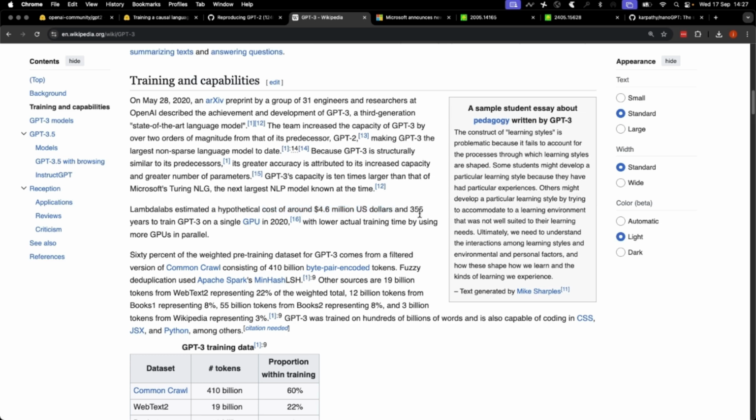And if you look further, in 2020 training GPT-3 on a single GPU would take 355 years. 355 years. This is ridiculous, right? To lower the actual training time, you have to use more GPUs in parallel. I guess this just leads to this GPU gold rush.